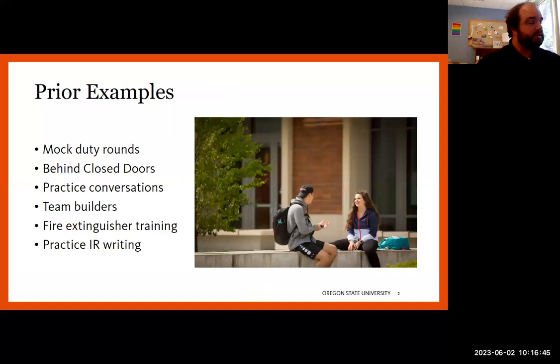We focused a little bit on some of our prior examples, things we had always done as part of our training. Things like mock duty rounds, where they go on duty rounds within the community. Behind closed doors is, I think, a pretty universal experience that most schools at this point do. Those have always been highly rewarded and effective, and always had positive feedback from our assessment.